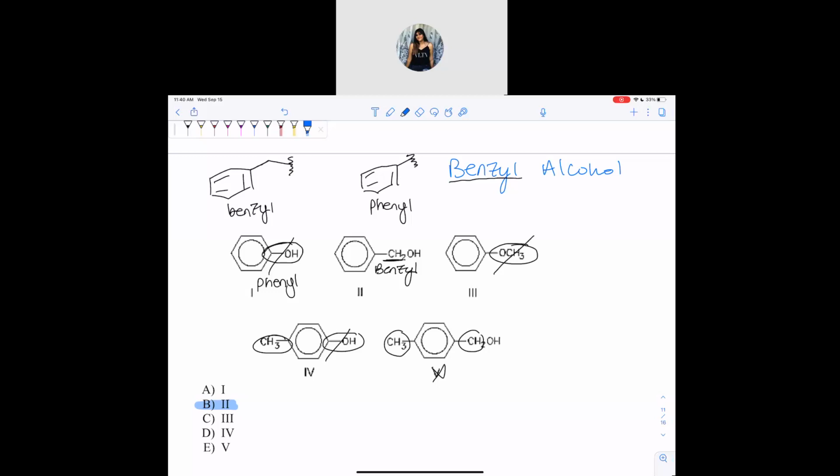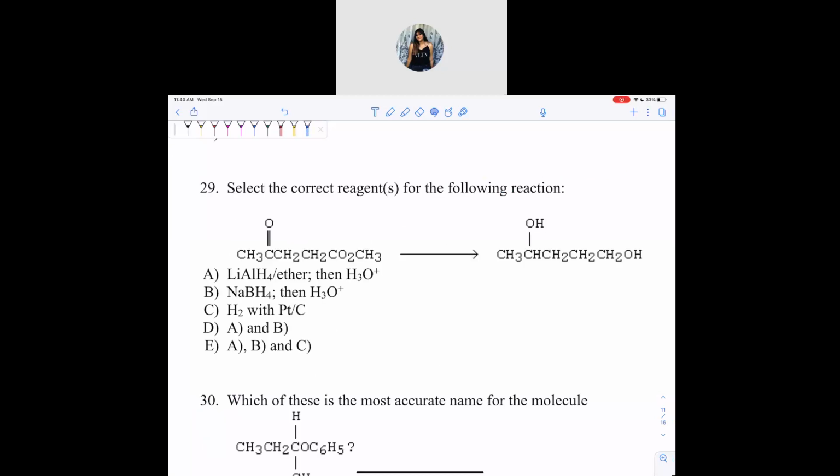Yay! So another reduction question, I should say. Which of the correct reagents would do this reaction? First thing you have to notice is here we have a ketone. And here we have a CO2CH3.